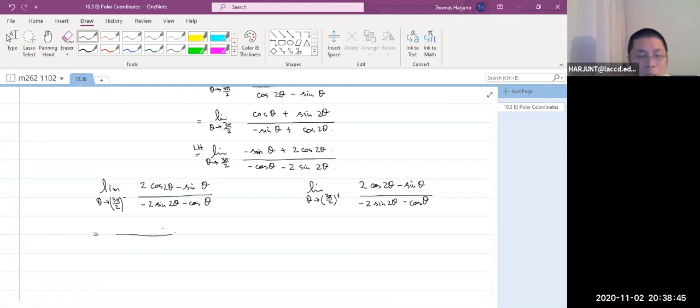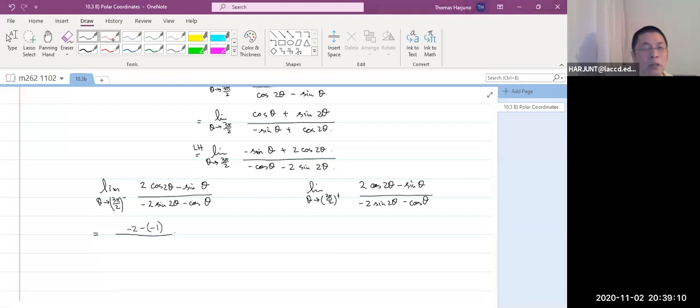And you plug in 3 pi over 2 here. And I plug in 3 pi, cosine 3 pi, negative. It's negative 2, minus negative 1.